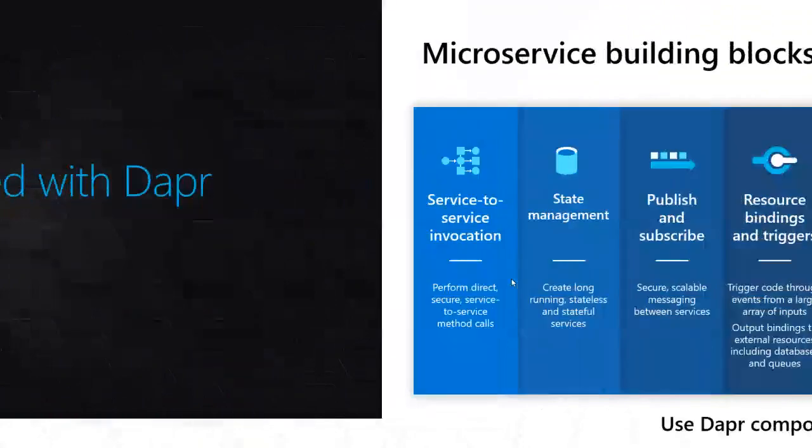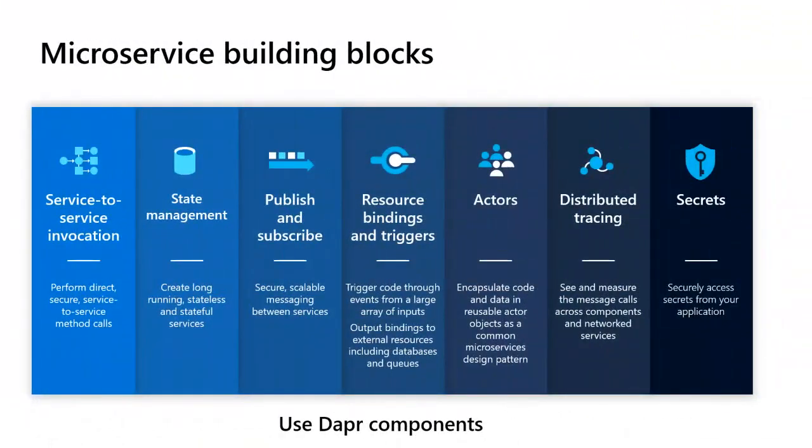Okay, so let's start. What are the building blocks now? We will explore some more building blocks. These are the building blocks that you can use with Dapr. When we are building microservices architecture, we are mostly using all of these building blocks. For example, if we wanted to store something in cache, we can go with state management. With microservices architecture, if we wanted to implement async communication, we can go with the publish and subscribe model.